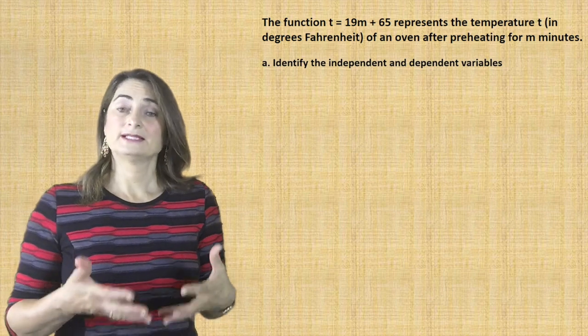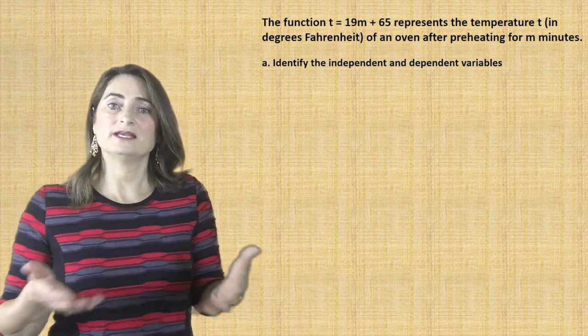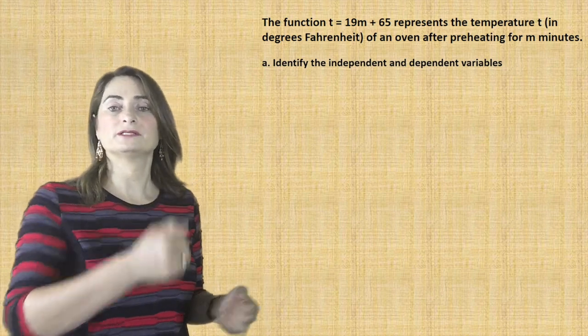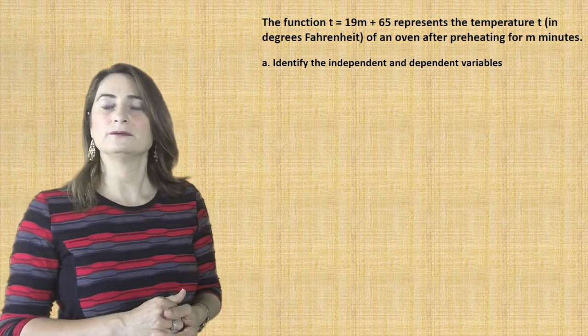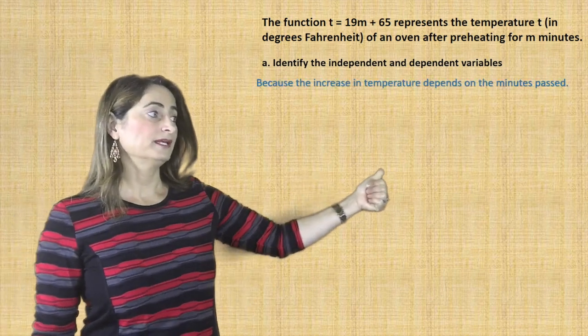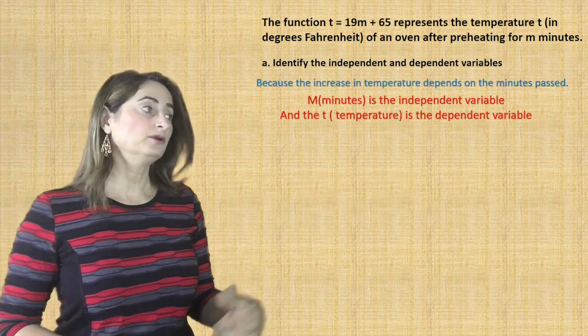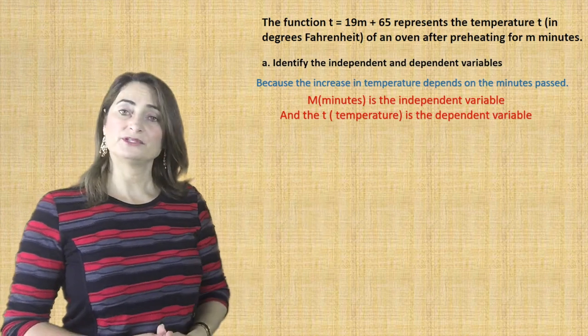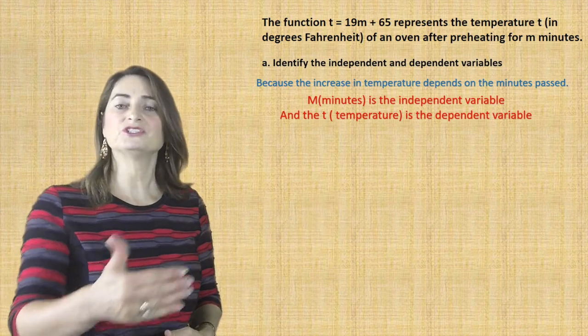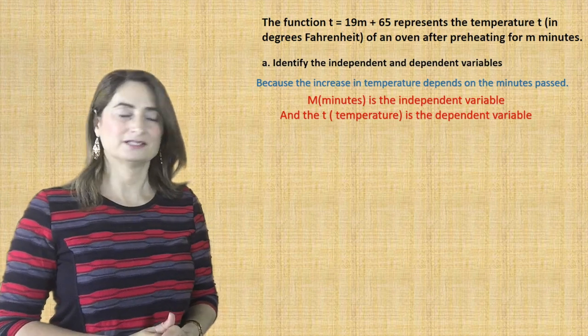Think about it. Time passes anyway. It's independent. But the temperature of the oven depends on how many minutes pass. It increases every minute that passes. So m, the minutes, is the independent variable, and T, the temperature, is the dependent variable. So temperature depends on the minutes.